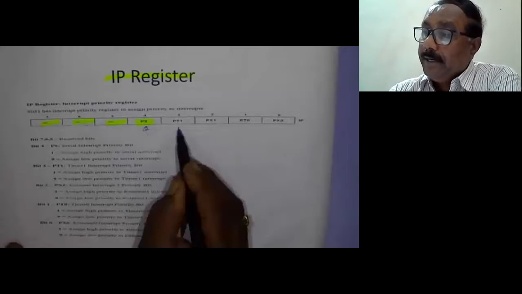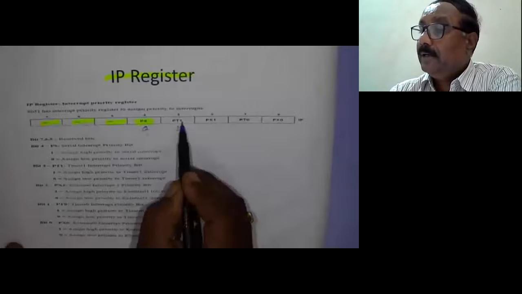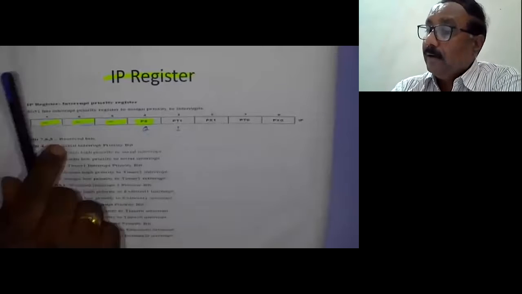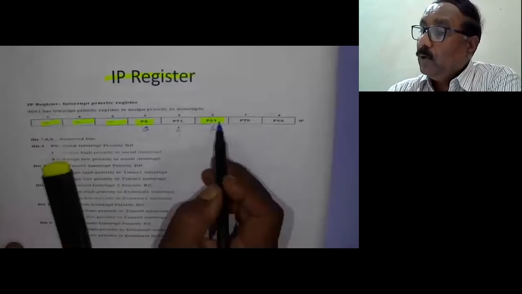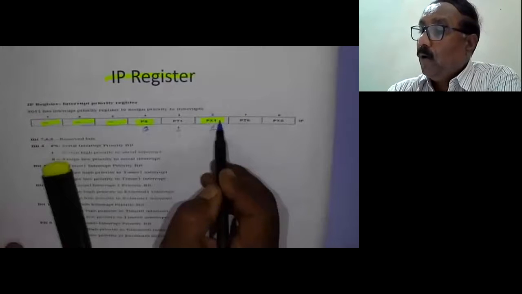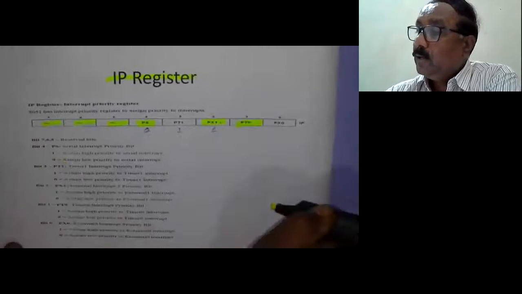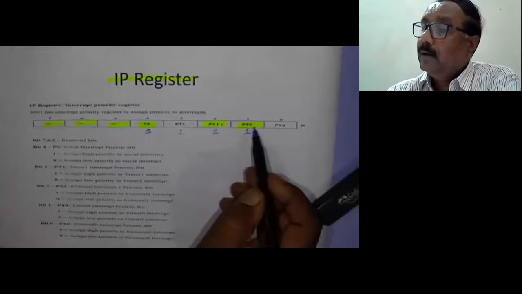If we make PT1 equal to 1, then it will give highest priority to timer number 1 interrupt. If we keep PT0 equal to 1, then it will give highest priority to timer number 0.